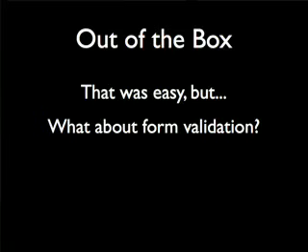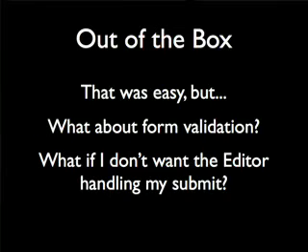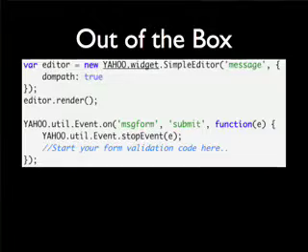That was easy. So what if I wanted form validation? That's a big question, because we have a lot of forms that you want to go through. And what if you didn't want the editor to handle your submit? Because you want to do all your form validation, and you want to take care of a few things before the form actually gets submitted. So here, we've got a little example of maybe you would attach a submit on a form, and you would put your validation code in here to check the things out.